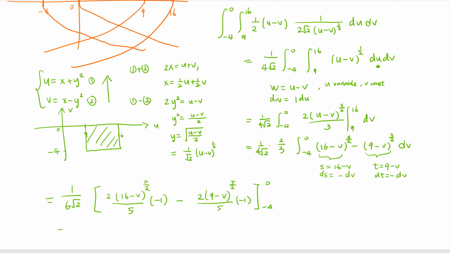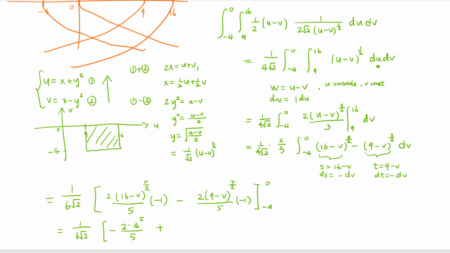And now let's see what happened. So here we plug in 0 first. Then we get the square root of 16, which is 4. So 2 times 4 to the 5th over 5, and it's negative.